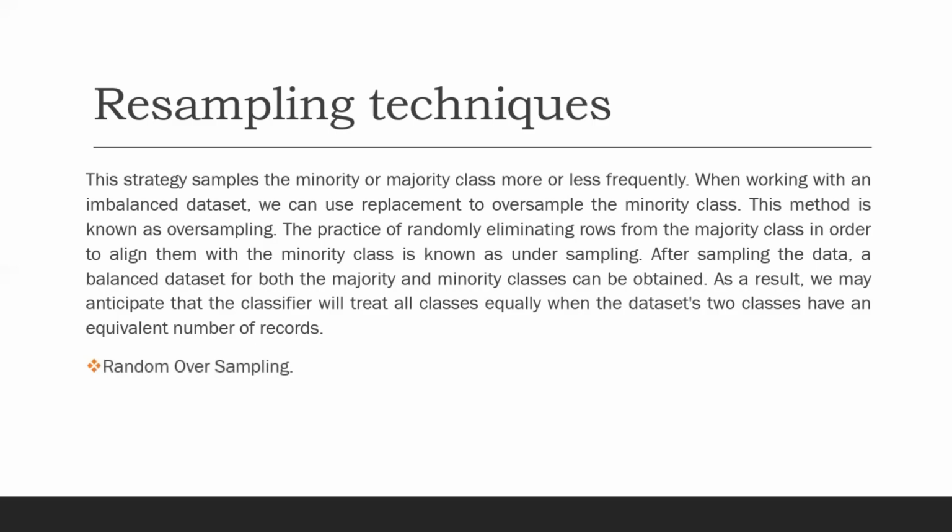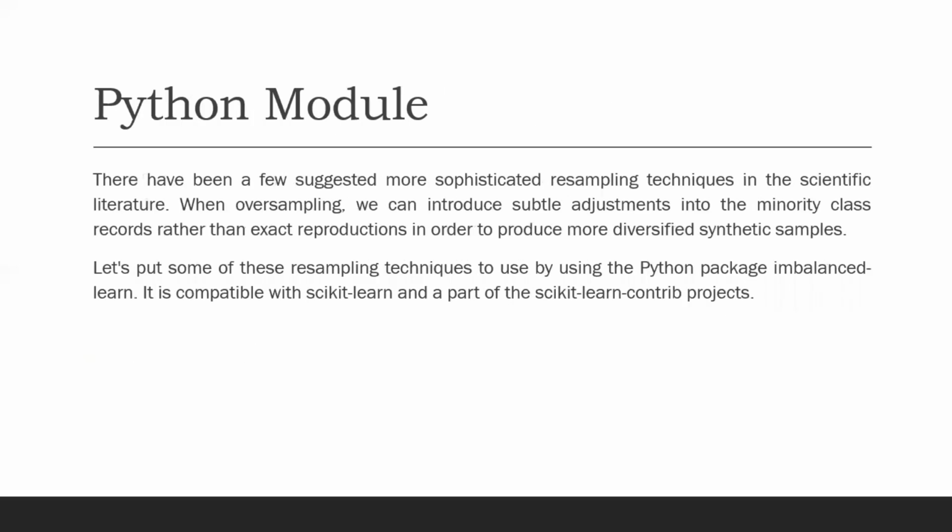So today we will see random oversampling. There have been a few more sophisticated resampling techniques suggested in the scientific literature. When oversampling, we can introduce subtle adjustments into the minority class records rather than exact reproductions in order to produce more diversified synthetic samples.